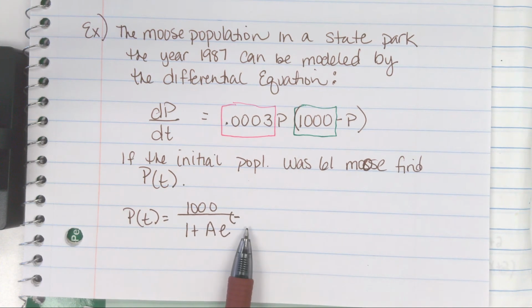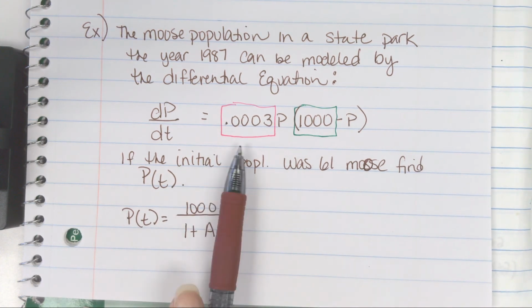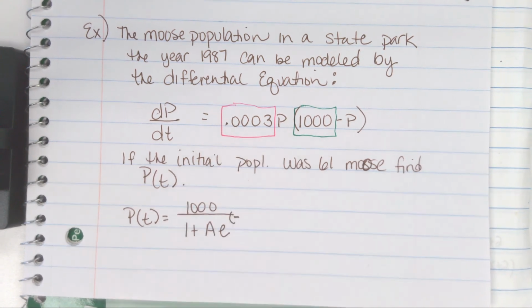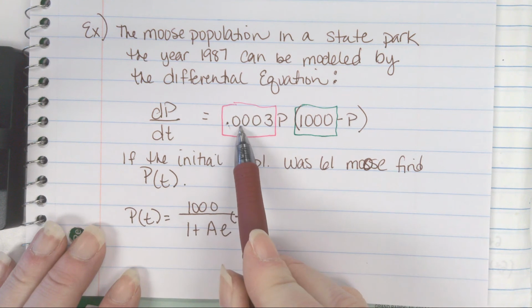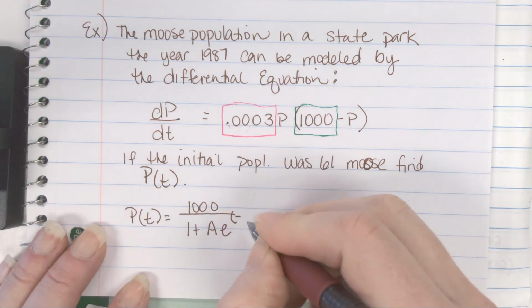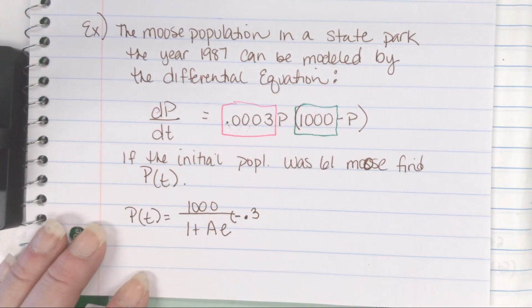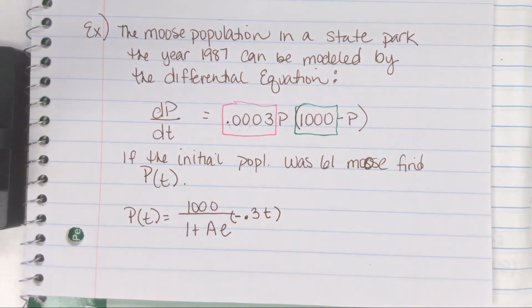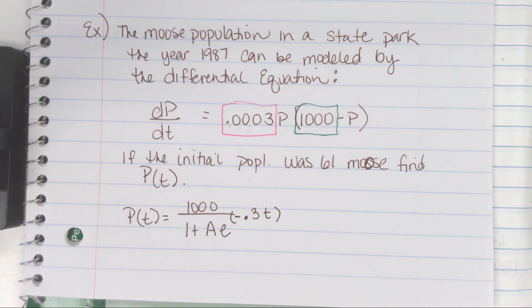Can we just do that instead of writing 1000 times 0.0003? If you did that, wouldn't it just be 0.3? Are you guys following?